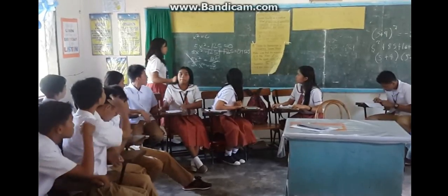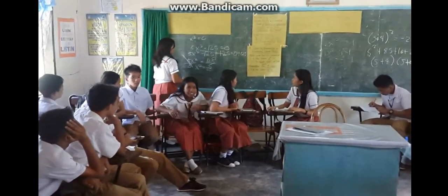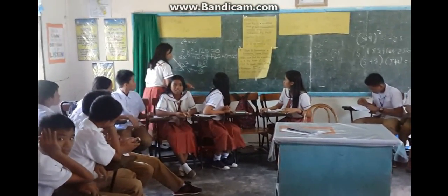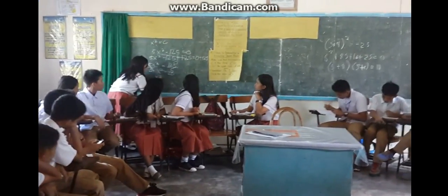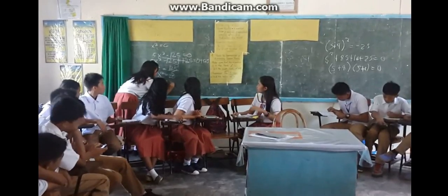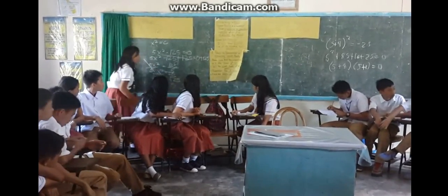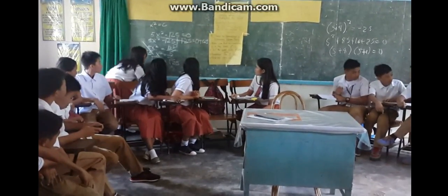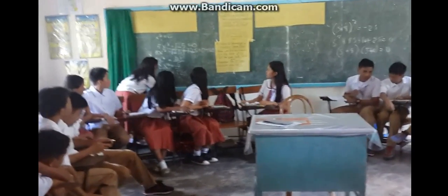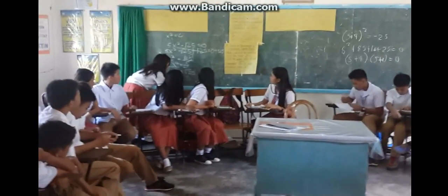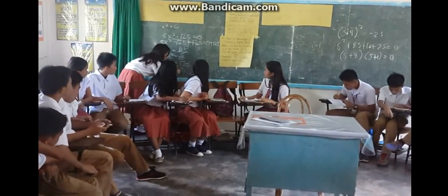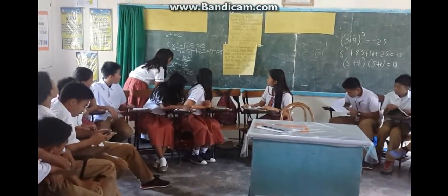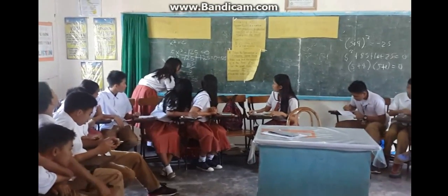Now we can take the square roots of this equation. The square root of x squared is equal to x, which equals the square root of 25. Don't forget the plus and minus sign. So the square root of 25 is equal to 5.